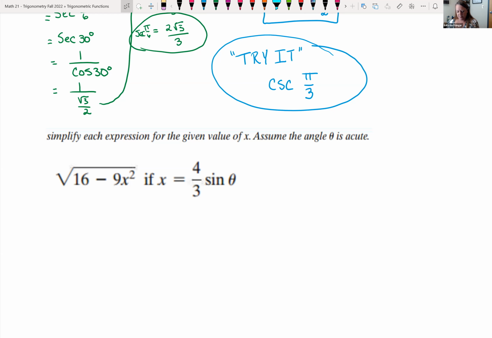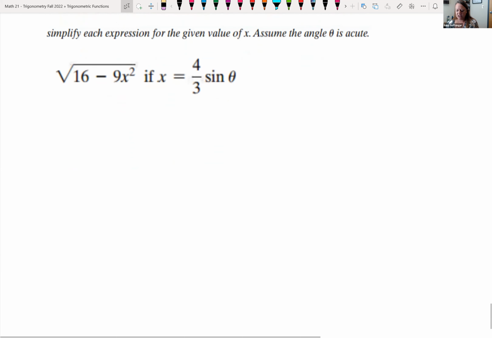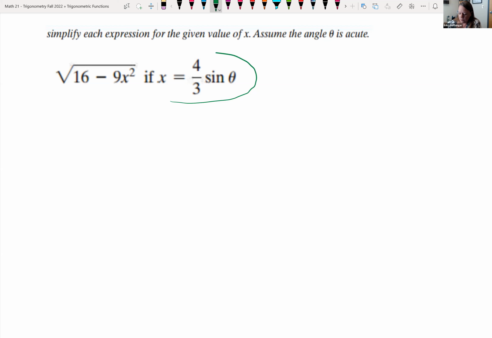One more example, and then we'll be done with this section. So the next example says simplify each expression. Well, we only have one in front of us, for a given value of x. Assume that theta is an acute angle. So all we want to do is substitute in what we're given for x. We're given x here is equal to 4/3 sine theta, and we're going to replace it wherever we see an x in this expression.